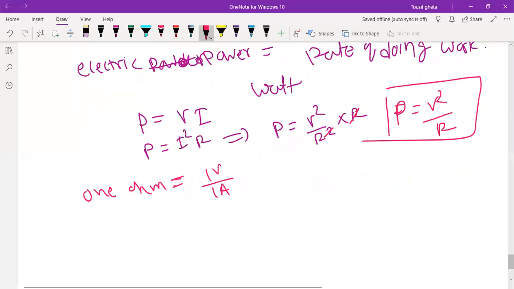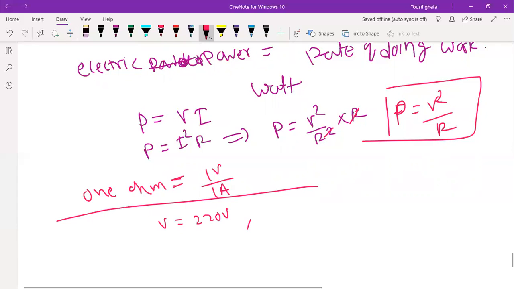Next one, an electric bulb connected to 220 volt. So they gave voltage 220 volt, correct? Current they gave 0.5 ampere. What is the power of the bulb? I know the formula for power of the bulb. P is equal to VI.